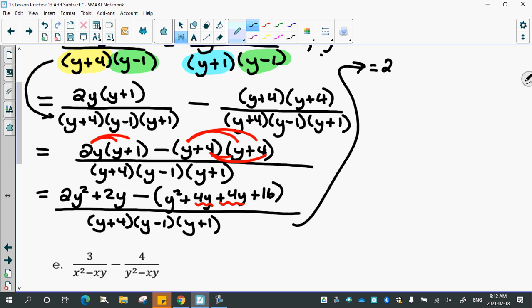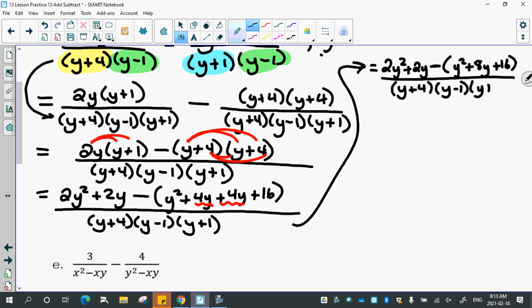So I've got 2y squared plus 2y minus y squared plus 8y plus 16 all over y plus 4 times y minus 1 times y plus 1. Okay, so all I did was combine the 4y plus 4y.